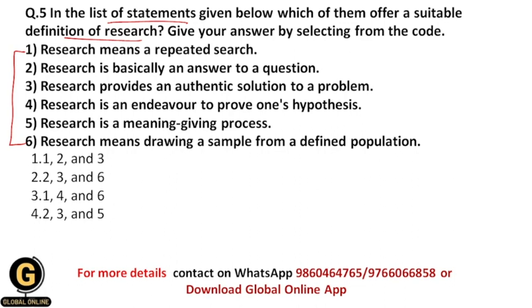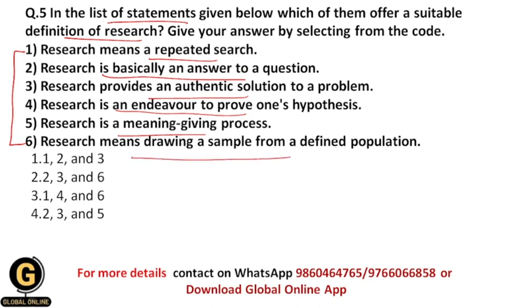So let us see which are these statements. Research means a repeated search. Research is basically an answer to a question. Research provides an authentic solution to a problem. Research is an endeavor to prove one's hypothesis. Research is a meaning giving process. Research means drawing a sample from a defined population.